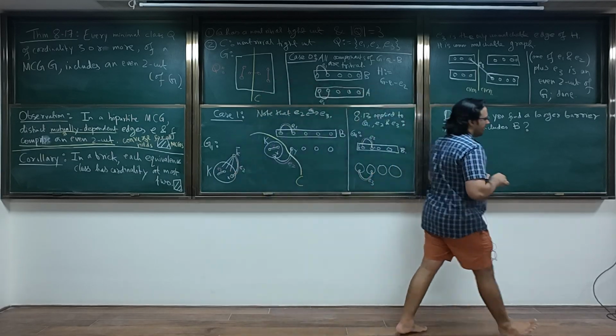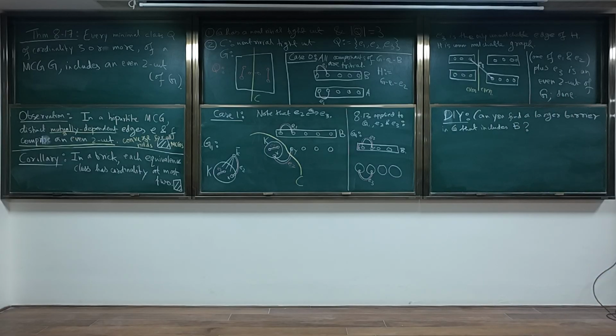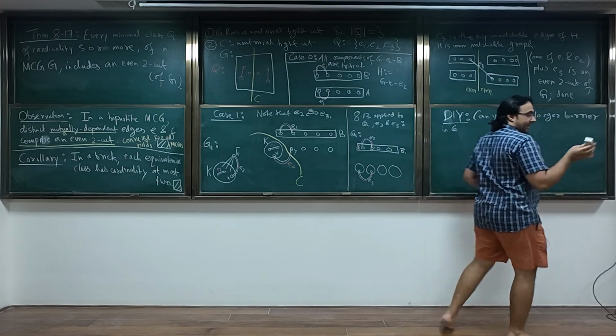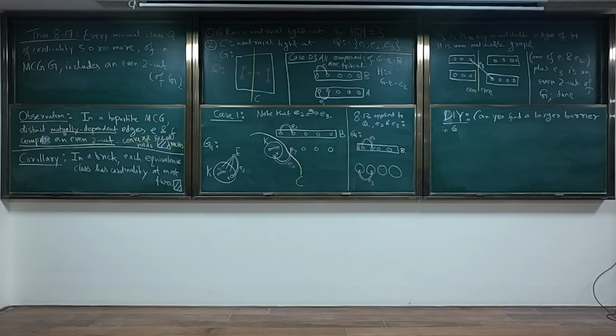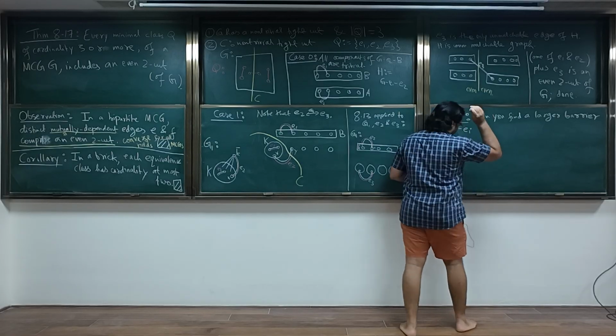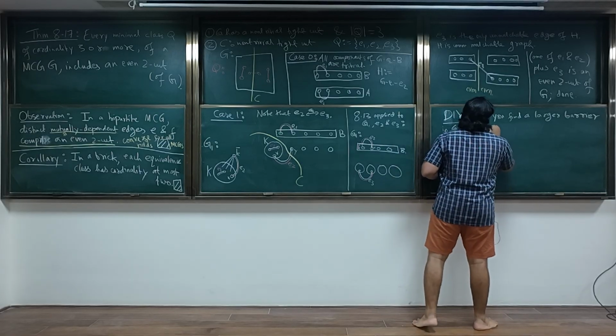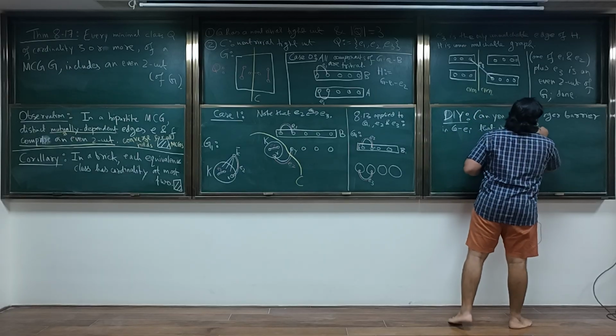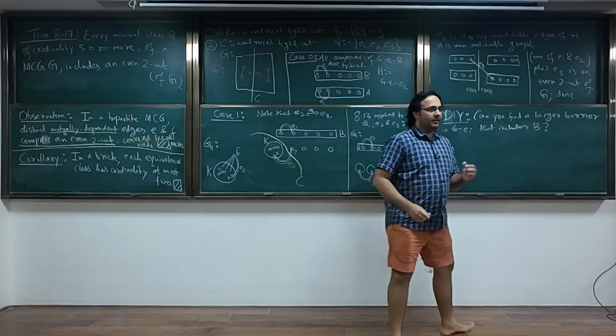Yeah, good point. Let's see. Anyway, I'm going to leave it open-ended. G minus E2 or E3 or something like that. And then we'll see how to finish the proof using your idea. So I don't know, G minus Ei for some i, that includes B. Okay, think.